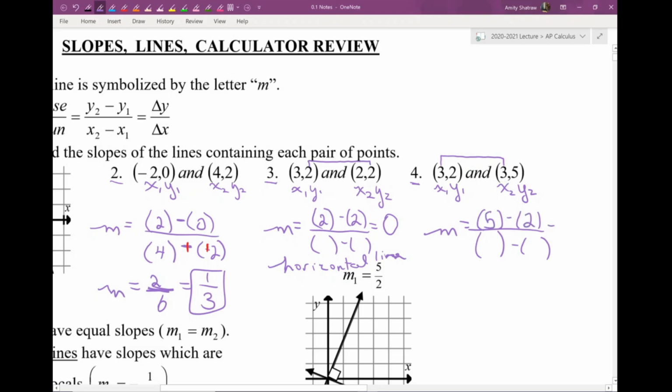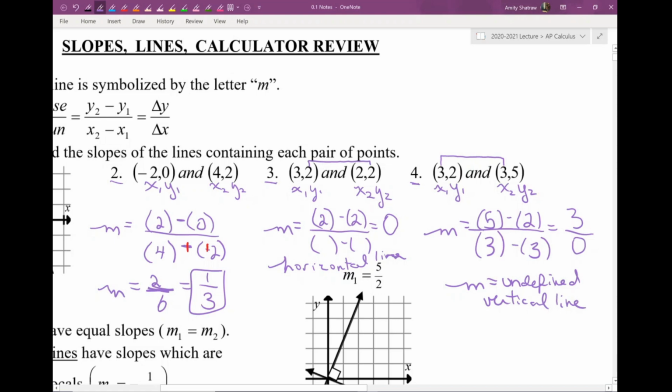Oh, well, that's not the 0. That's a 3. And here, oh, a 3 minus a 3. That's where I get 0. And again, it's very easy to make a mistake here. That does not mean that my slope is 0. It means that my slope is undefined, which is a vertical line.